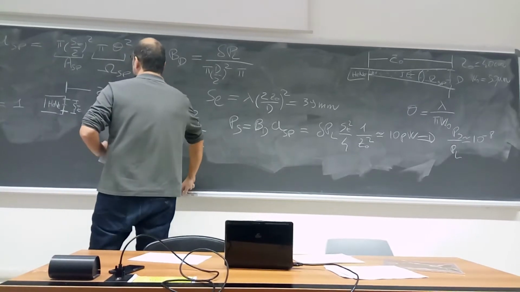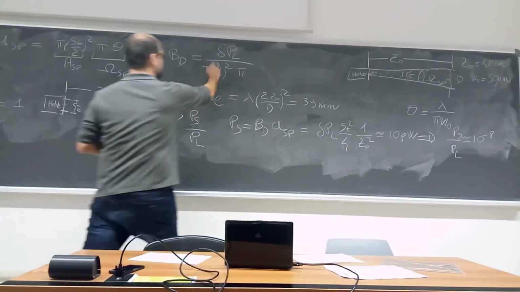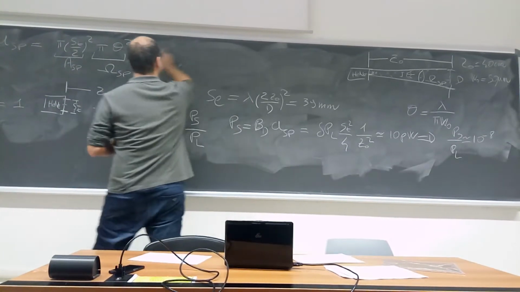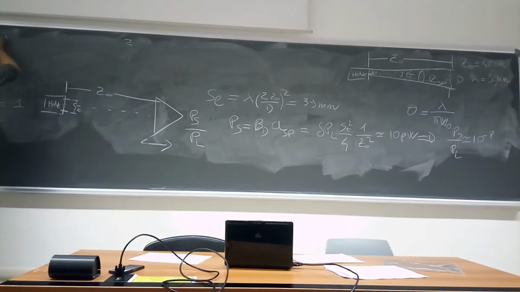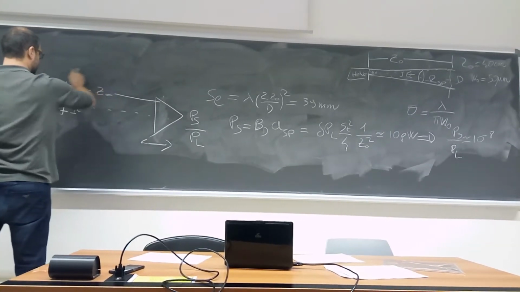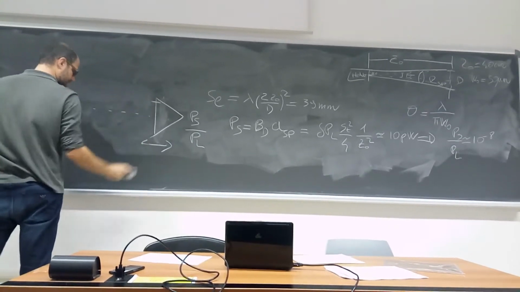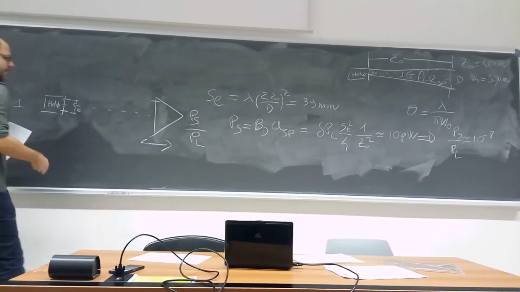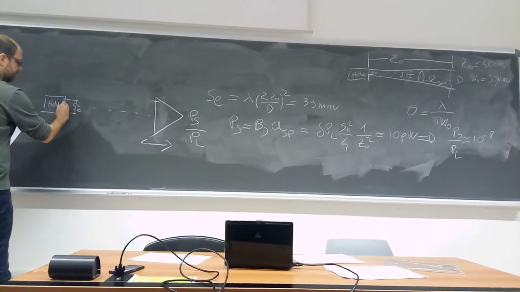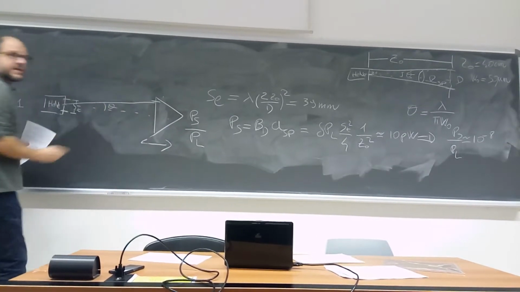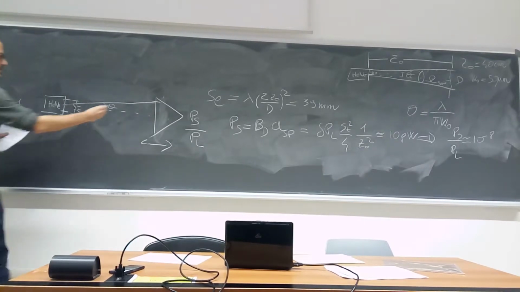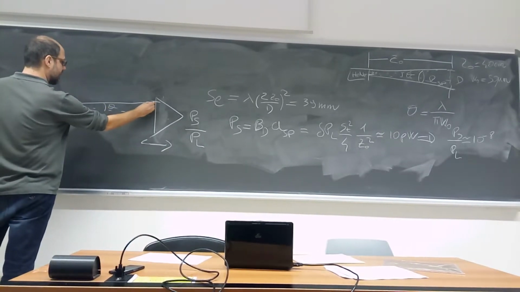So let's cancel out this and also this. In a way, what we have is that we still have emission under the angle theta, of course. Then we have total reflection.